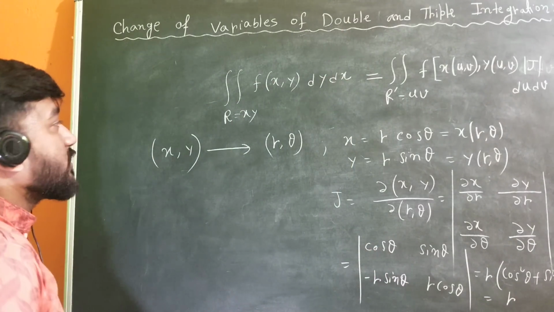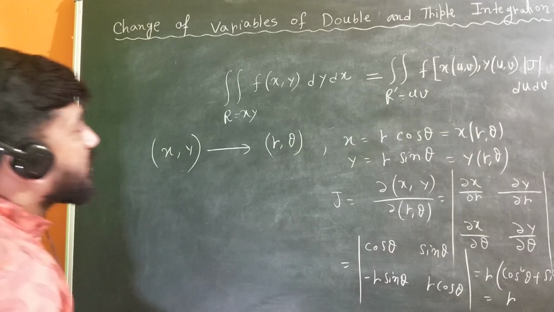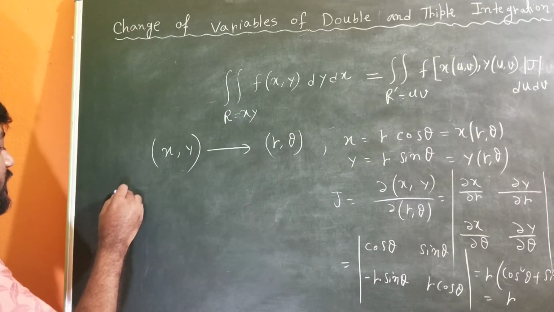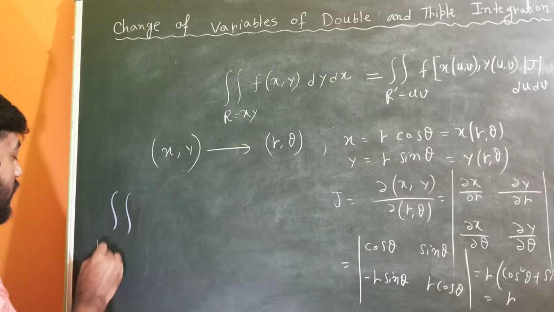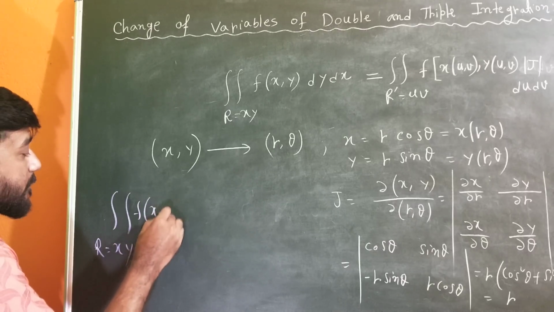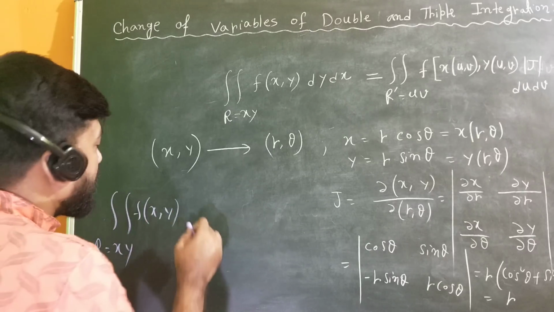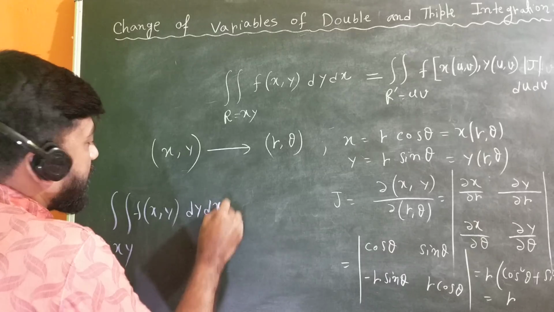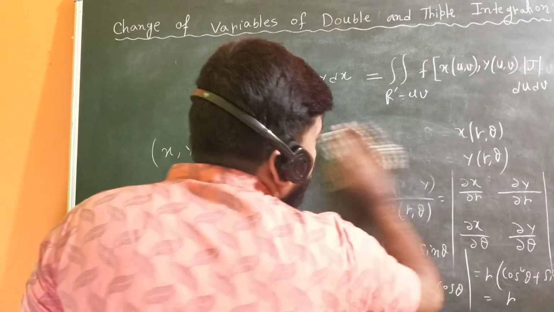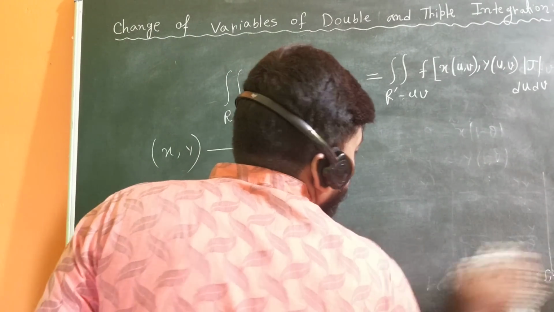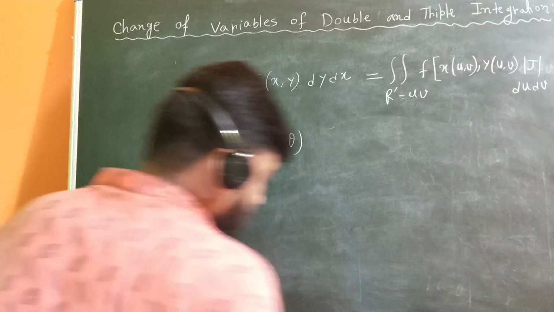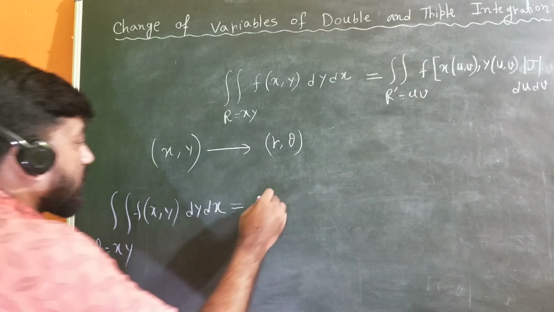So if you want to change the region of integration from xy to r theta, then what will you get? You will get this integration on the xy plane, that is f(x,y) dy dx. So this will convert into a double integration.